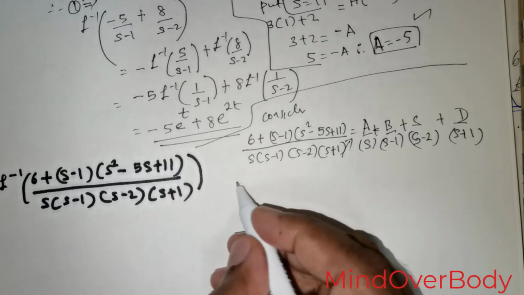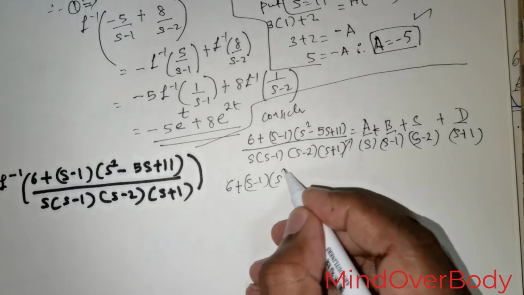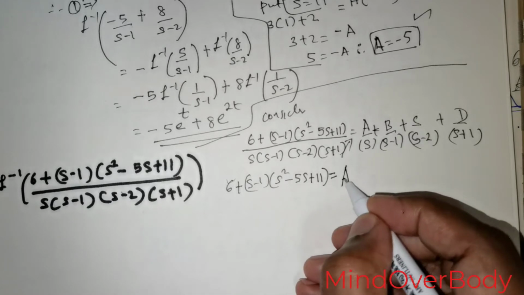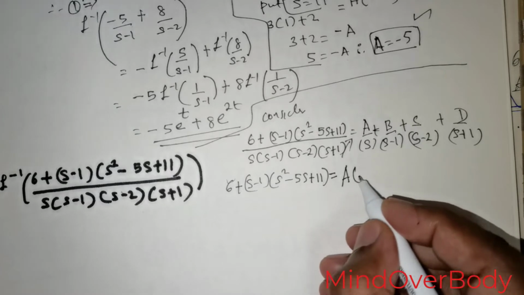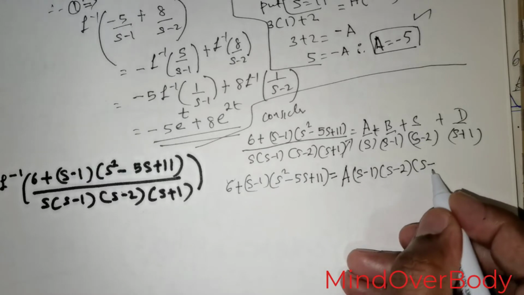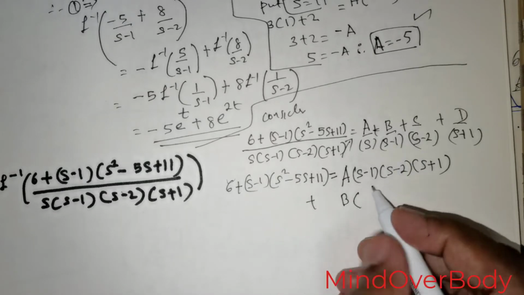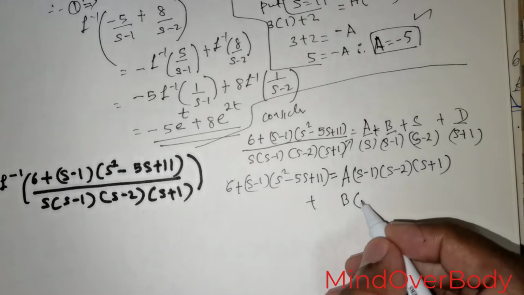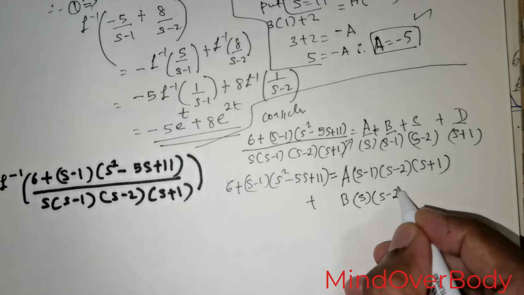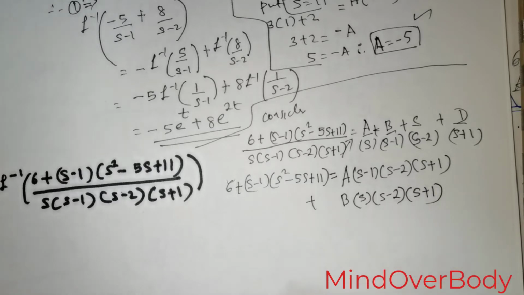Now if I cross multiply, I would get 6 plus (s - 1)(s squared - 5s + 11) equal to A times, the s gets cancelled, giving me (s - 1)(s - 2)(s + 1), followed by my B, where (s - 1) gets cancelled, so I will have s times (s - 2) and (s + 1).